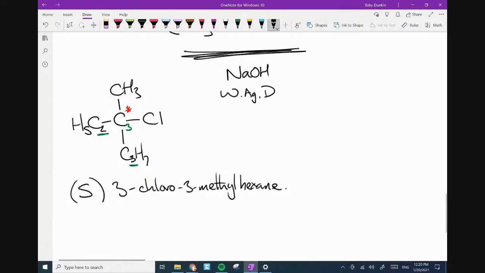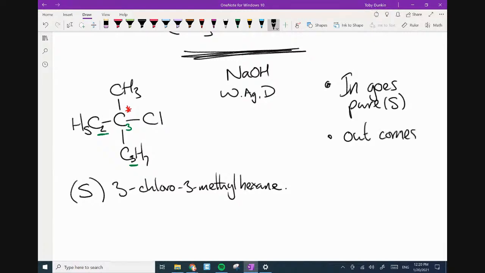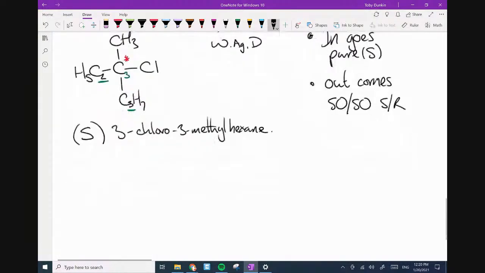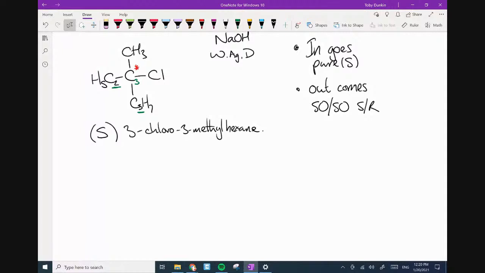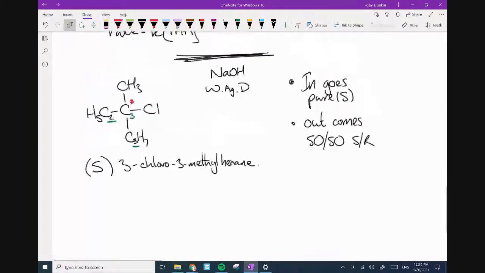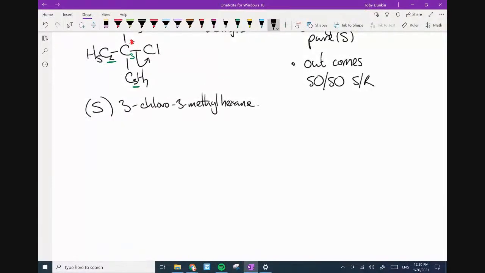So in goes pure S and out comes 50-50 S and R. And the question is why? And the reason is the change in shape, thanks to Sn1. Because what's going to happen is it's going to break away, and we're going to get this product.